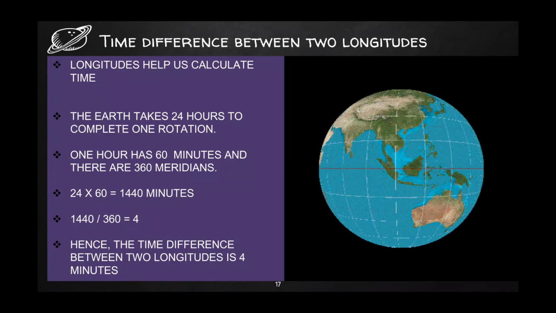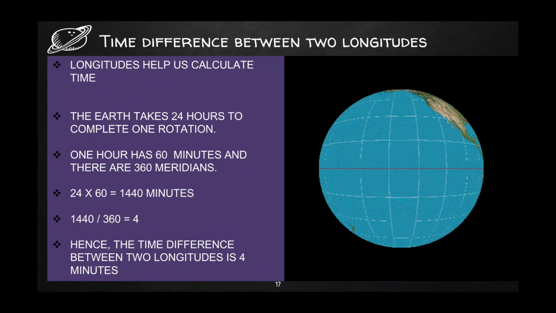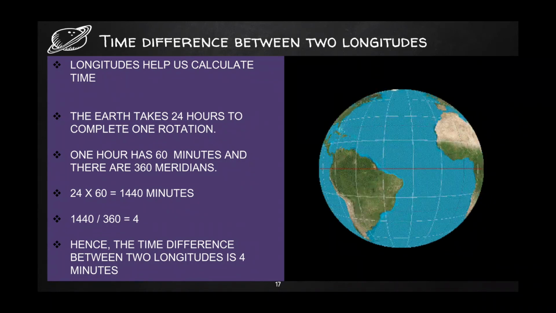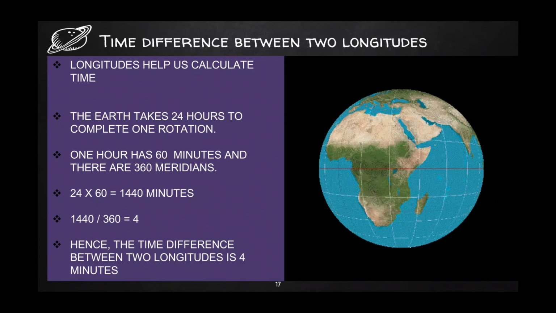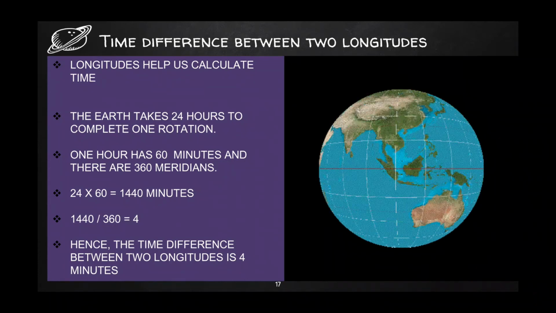Now, what we need to do? We need to do some calculation like 1440 divided by 360. Then which answer will we get? 4. So hence the time difference between two longitudes is 4 minutes.